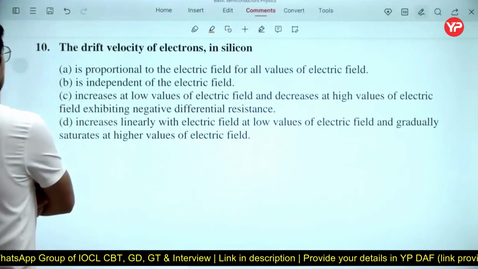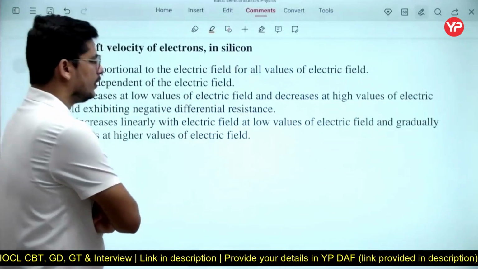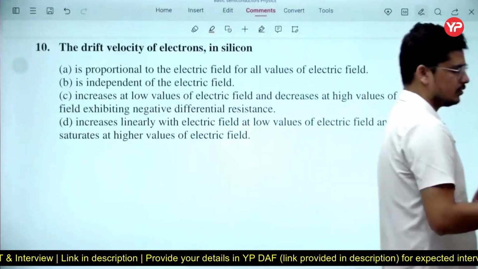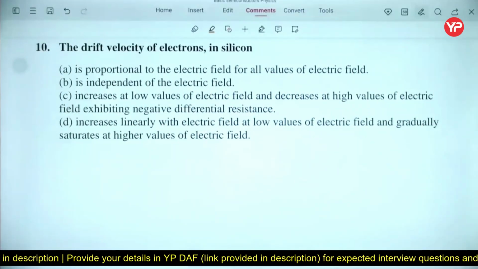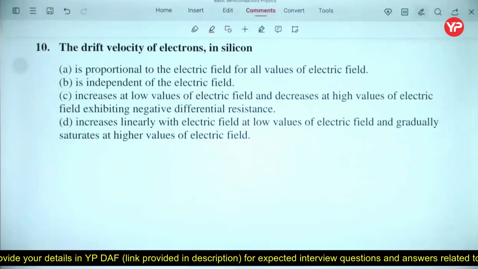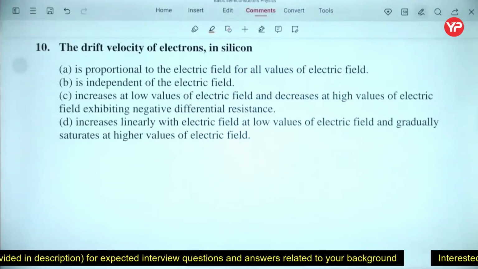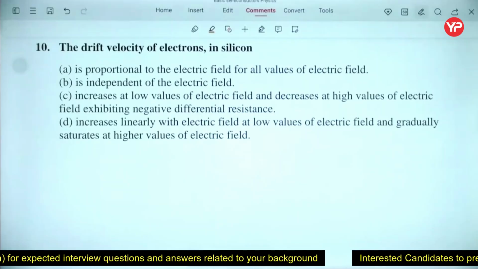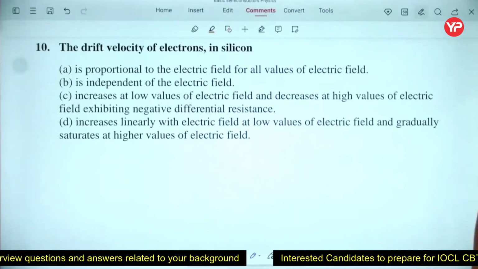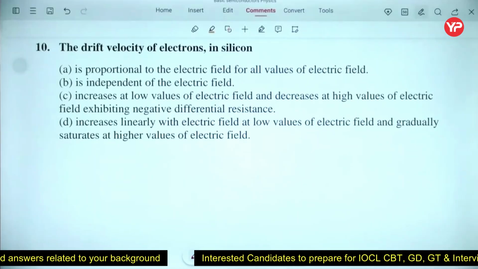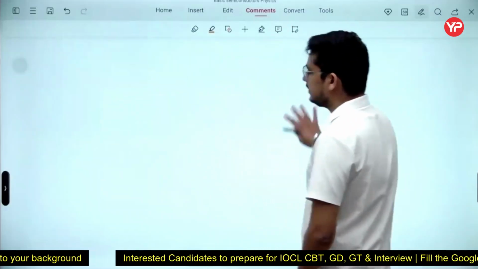Isita's answer is D. So the drift velocity of electron in silicon is how much? D. Okay, let's discuss it.